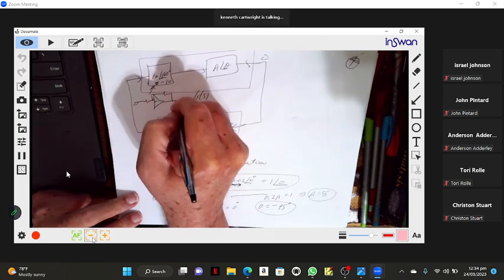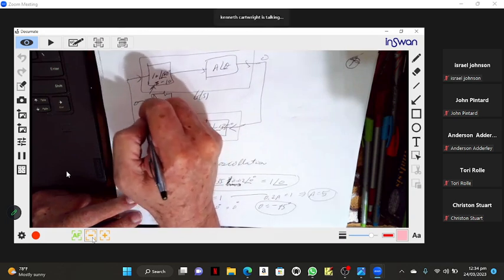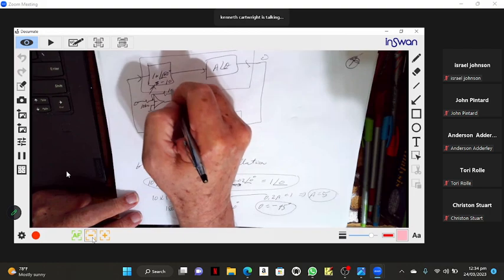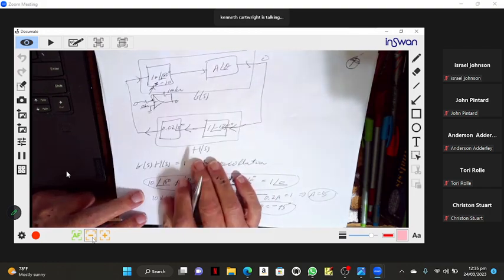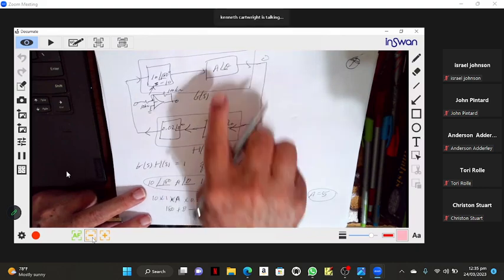You need the circuit right there. If this is 10K, this is 100K. That's what you need for that first block. We'll come back to the second.